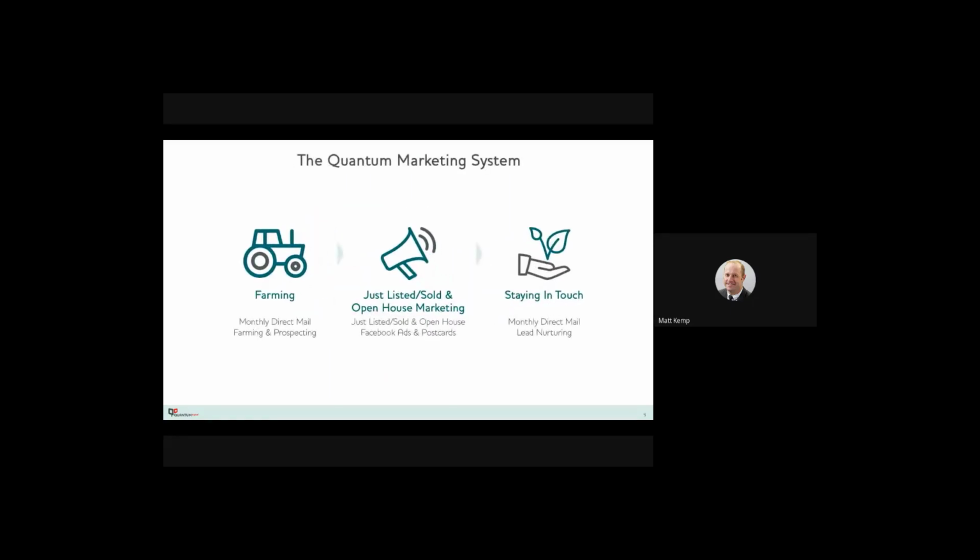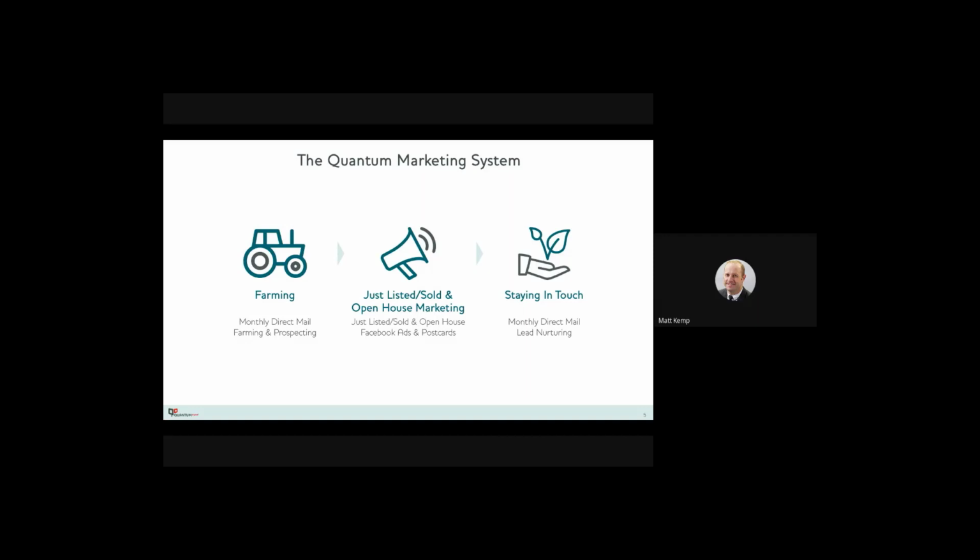So whenever you look at it a little bit more linearly, it kind of looks like the sales process, or maybe the marketing funnel, if you will. So you're going to have to farm an area, then you're going to have to do just listed, just sold, and then you're going to want to stay in touch. So things that we offer are, we'll say for farming, monthly direct mail, farming prospecting.